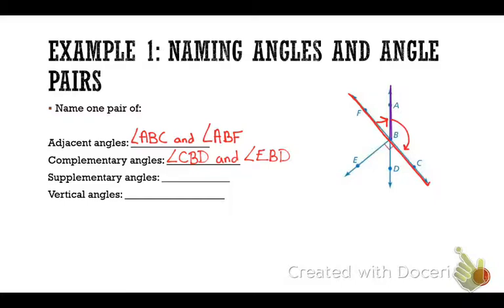So angle FBA and ABC are supplementary because they both lie on this straight line. Let me write it down, and then we'll talk about another pair. So FBA, it's like one end of the line connecting with the other end, and angle ABC. Okay, let me erase this.